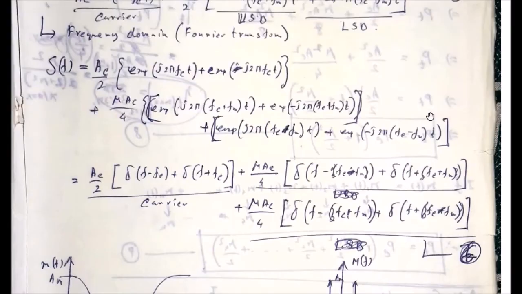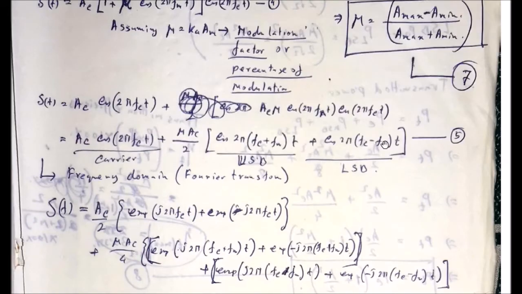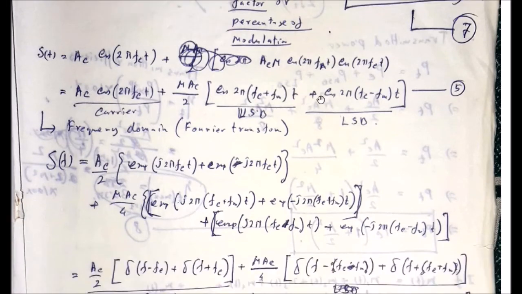Now try to understand the frequency domain information. Do the Fourier transform of the total amplitude modulated waveform in the time domain, equation number 5.